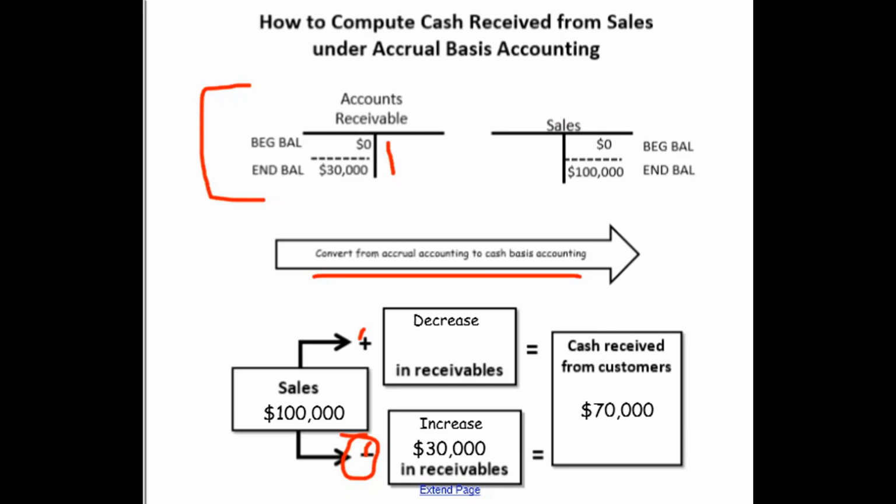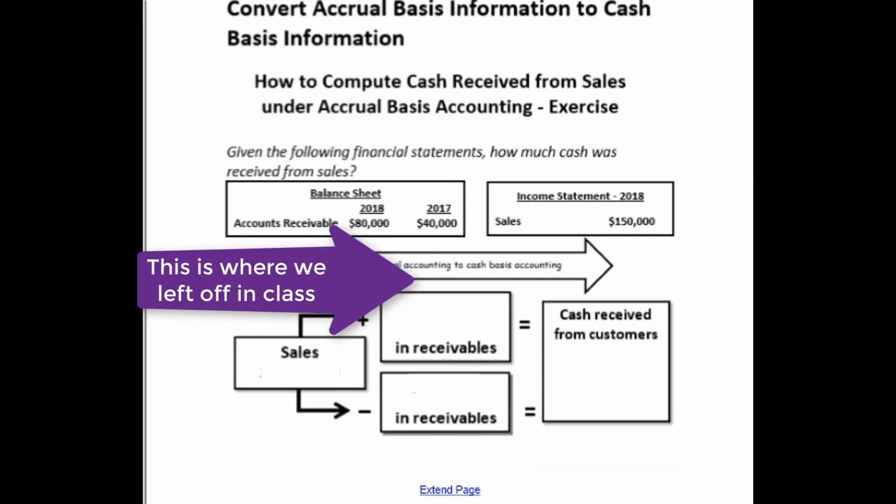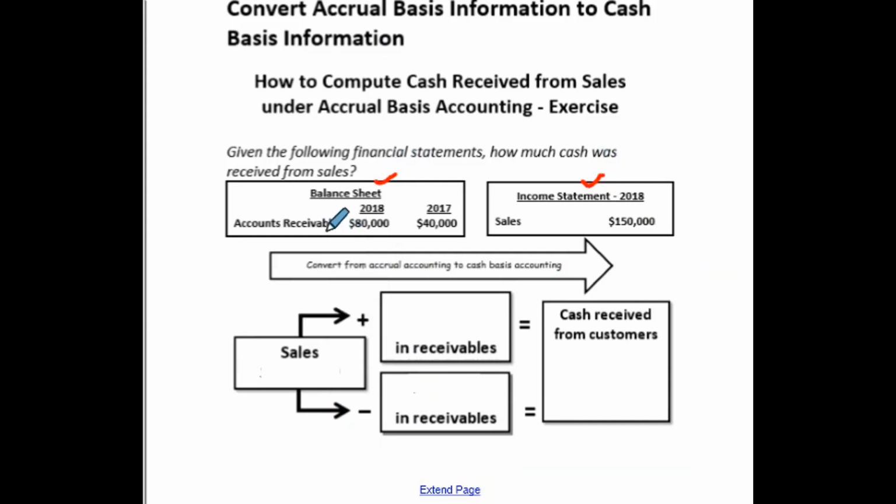Let's try another problem using this exact same formula. Okay, now given the following financial statements, our balance sheet and our income statement, notice we have comparative balance sheets for accounts receivable. We have our 2017 ending balance, which becomes our beginning balance for 2018, and we have a 2018 ending balance.